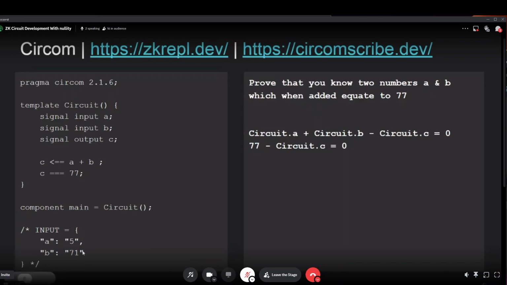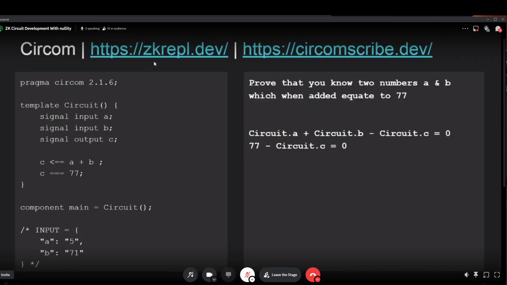Now, if you pass the incorrect inputs, such as 7, this circuit would generate the incorrect proof, or this would not go through. So this constraint would fail, and your verifier would not accept your proof.